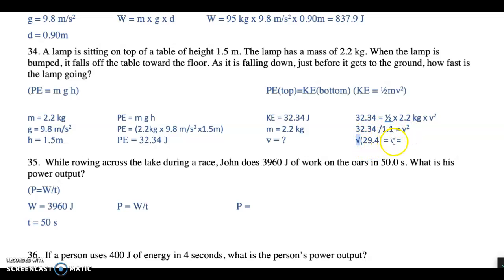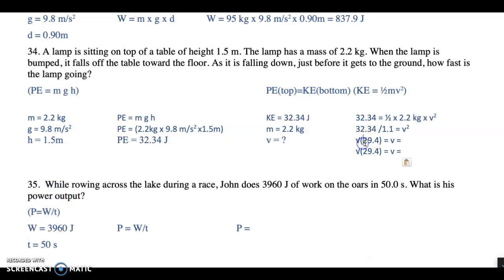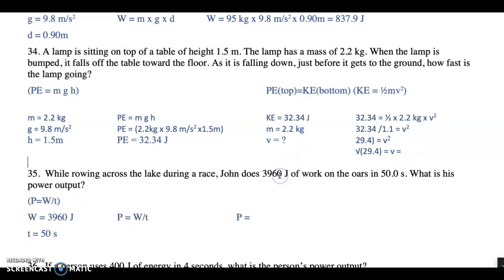So 29.4 is equal to v squared. So I've got to take the square root of both sides to get v. And when I do that, the square root of 29.4 on my calculator, I end up getting 5.4 meters per second. And that would be my final answer here.